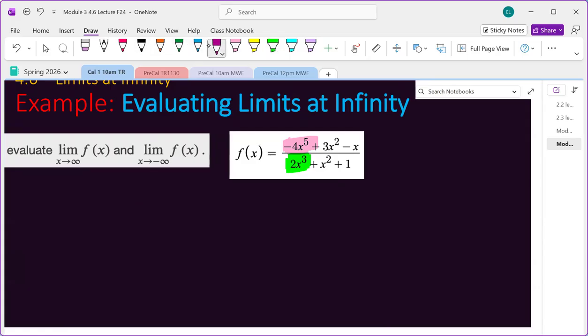So overall, this rational function is going to behave like the rational function of those two. In particular, when we're looking at limits at infinity, we can simplify it down to just who drives the bus. If we're looking at any sort of limit that's not infinity, you need to play around with the whole function.